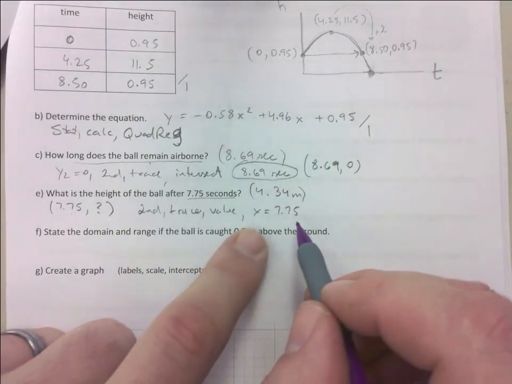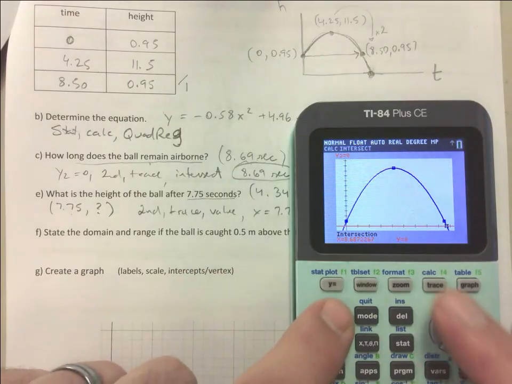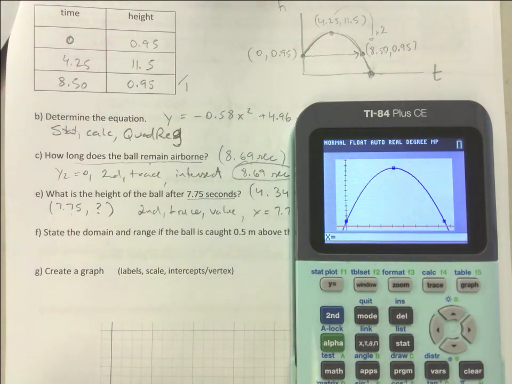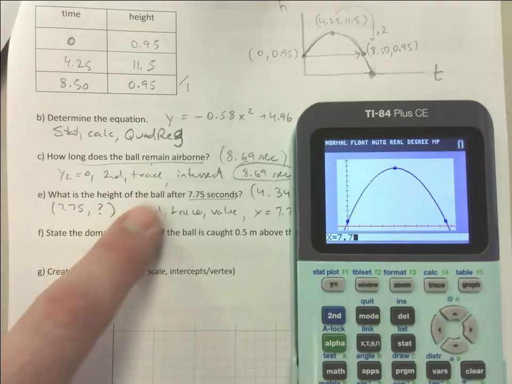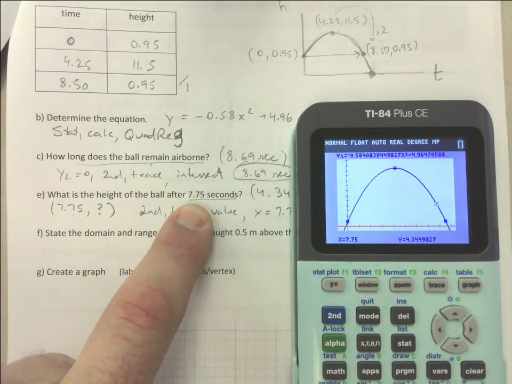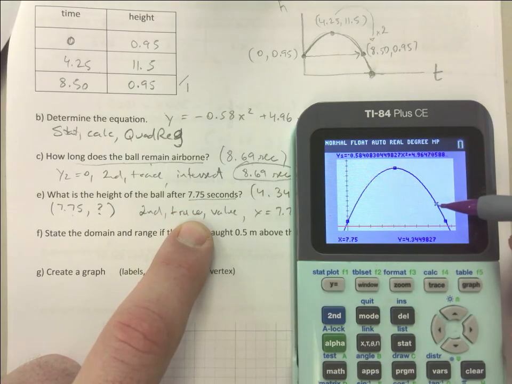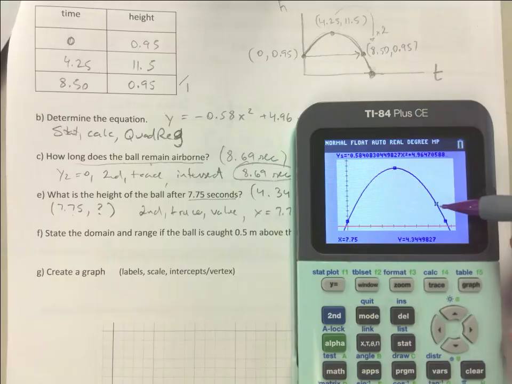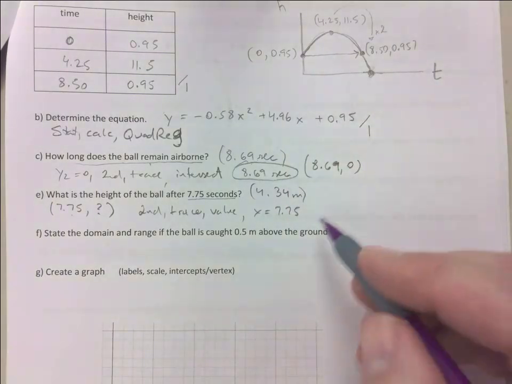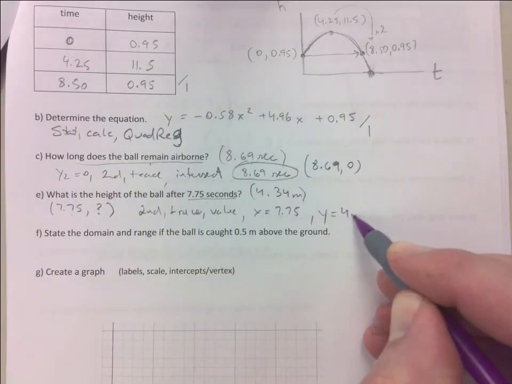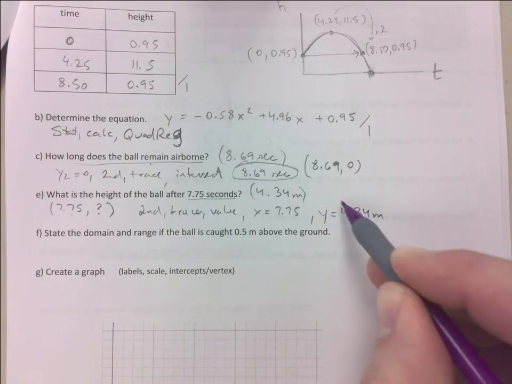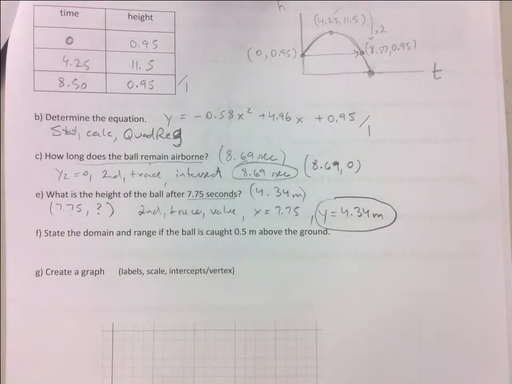All right, so we do that. Second trace 1, 7.75, and you find out that it's here. You want it to blink where it's supposed to be. So our height there is 4.34. Okay, y is 4.34, and we are in meters. Just add a unit to it, and you get full marks there.